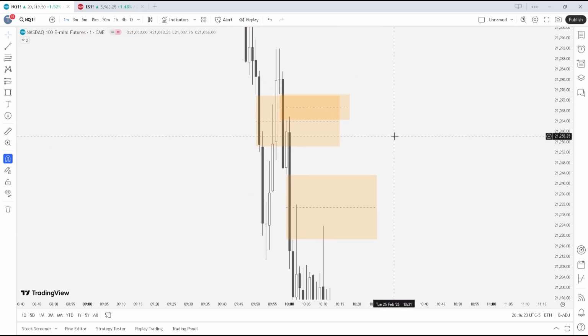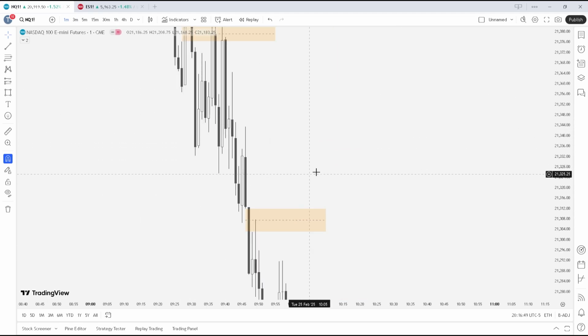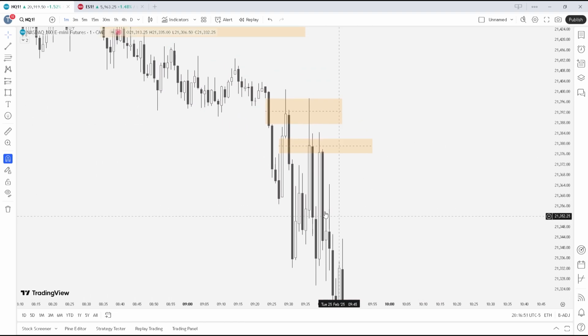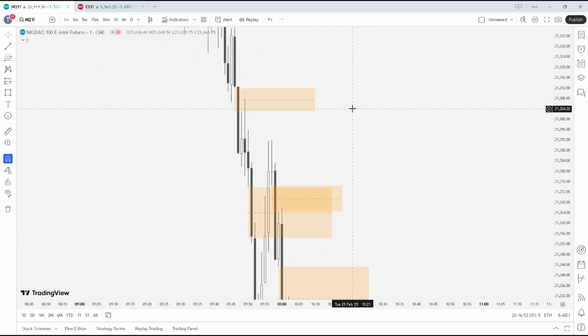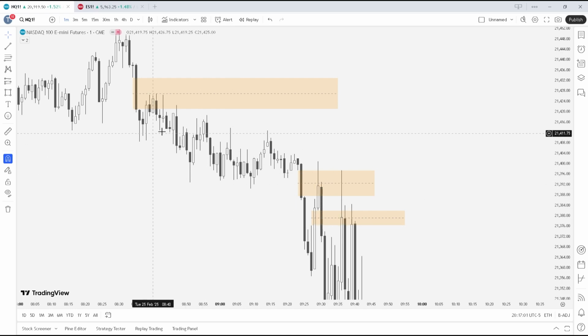And you can see that the SIBIs have a higher probability of actually being respected and working compared to the BISIs. Like you have this BISI that's just, it got violated instantly. And as you can just see from this kind of move lower, the BISIs just have a lower probability of working when we're bearish, and the SIBIs have a higher probability of working when we're bearish.